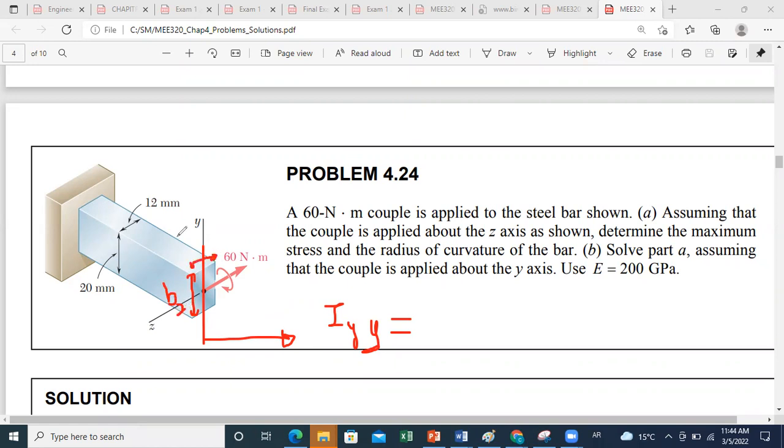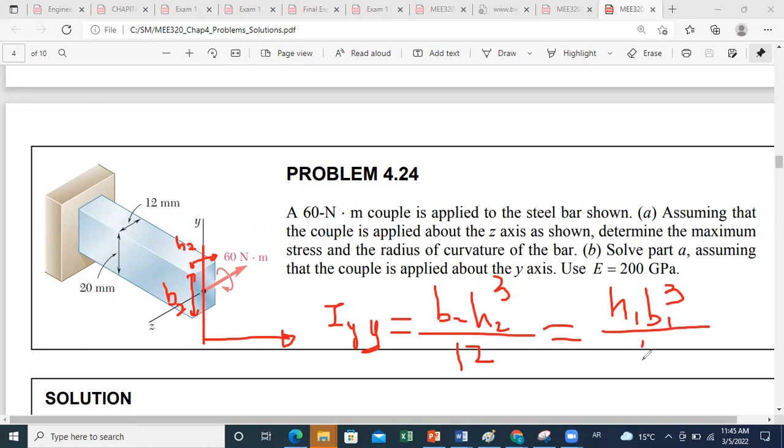So I just reverse my dimensions. So I do b2 times h2 cubed over 12. Or if I want to use the previous notation of b1 h1, then it will be equal to h1 times b1 cubed over 12.